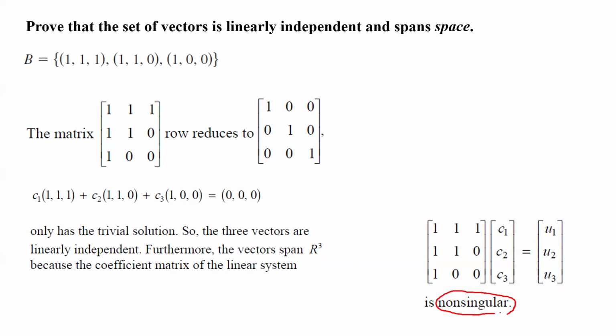Coefficient matrix is non-singular. It means that you have the inverse of the matrix. You can multiply both sides by the inverse of the matrix and find the unique values for C1, C2, C3 based off of U1, U2, and U3. Or you can take U1, U2, U3 and write them as the combination of C1, C2, C3, and some other values.